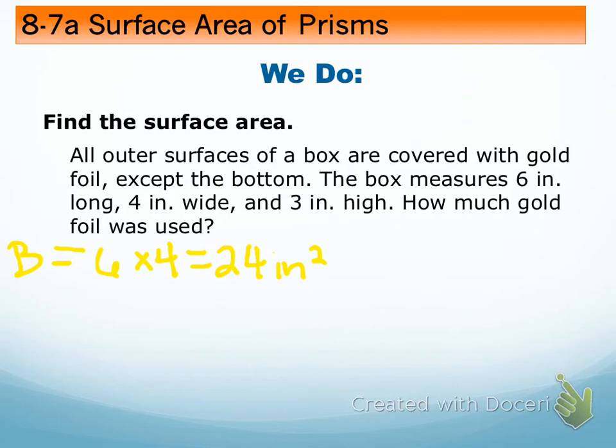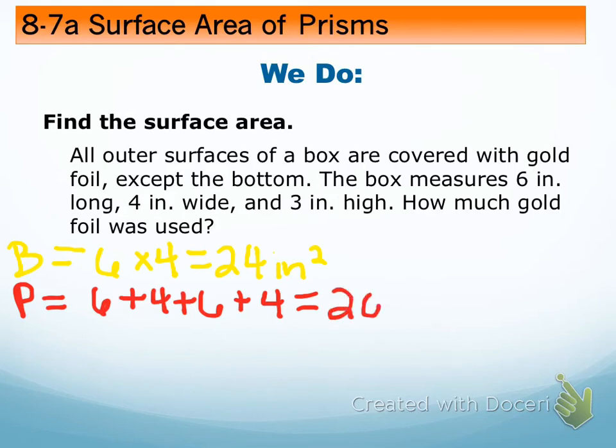So now, the perimeter is going to be us adding those sides together. We've got the 6 plus the 4 plus the 6 plus the 4. Remember, there's going to be 4 sides now because it's a rectangle. So that's going to be 20 inches. Now the height is given to us again. The height, they've told us, is going to be 3 inches high.